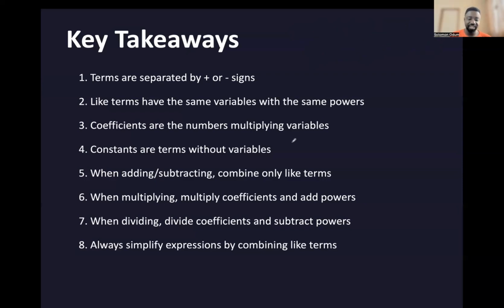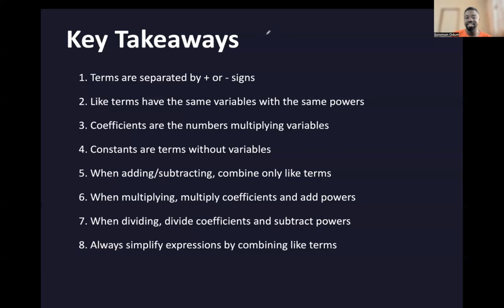The next rule says when multiplying, multiply the coefficients and add the powers. You add the powers when they have the same variable.